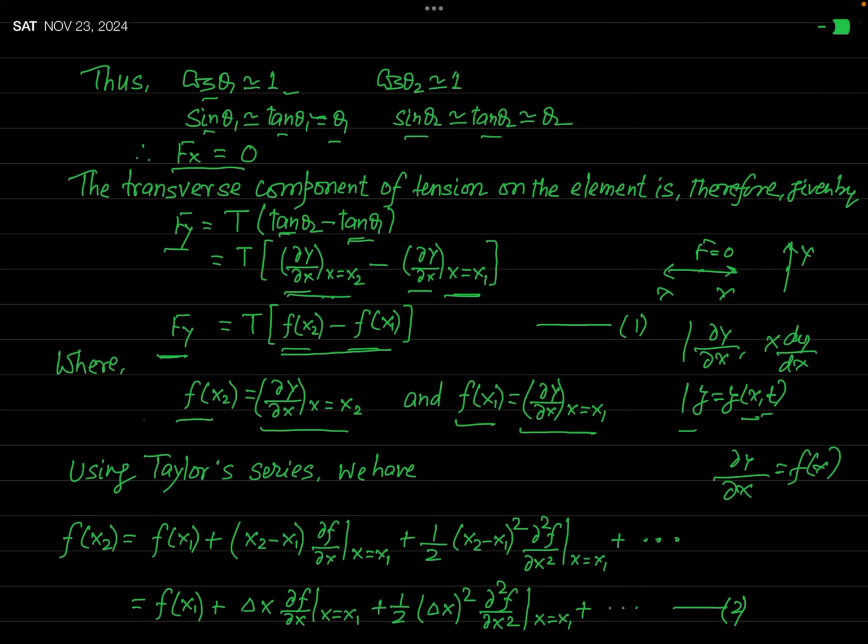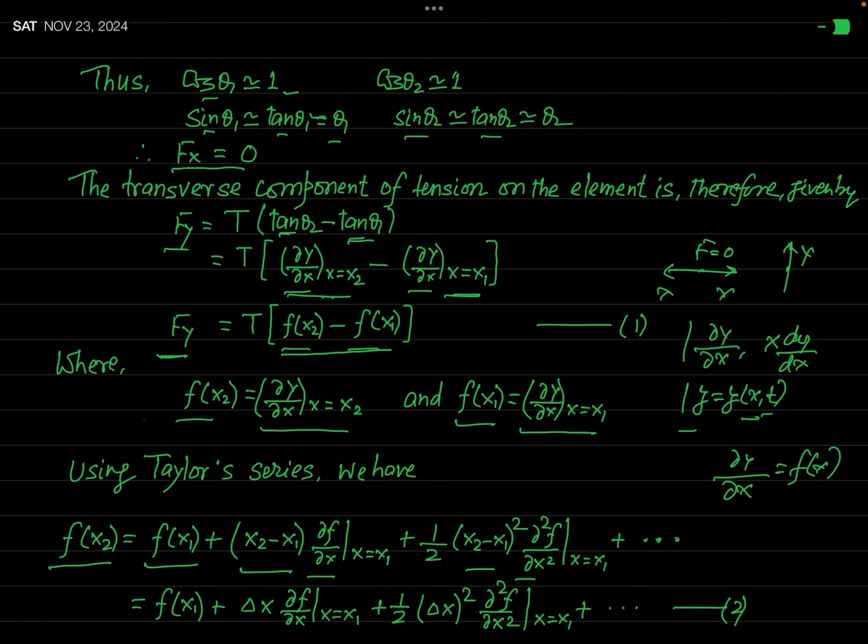You know from Taylor series that this f of x2 is given as f of x1 plus (x2 minus x1) times del f by del x at x equal to x1, plus 1 over 2 (x2 minus x1) whole square times del 2f by del x square at x equal to x1, plus so on.